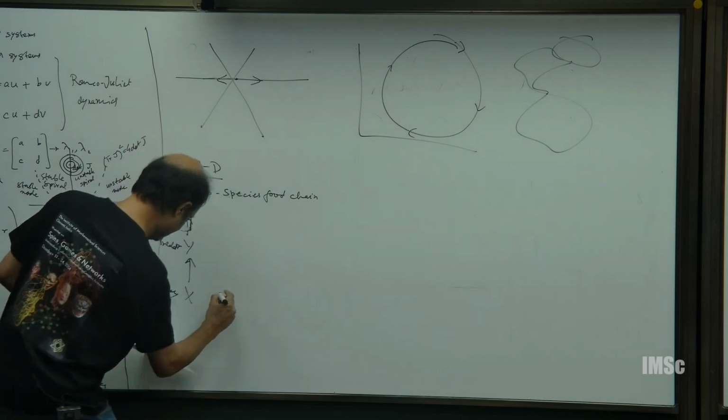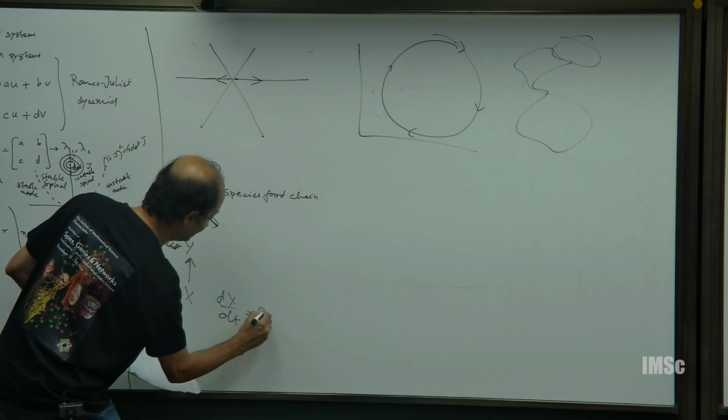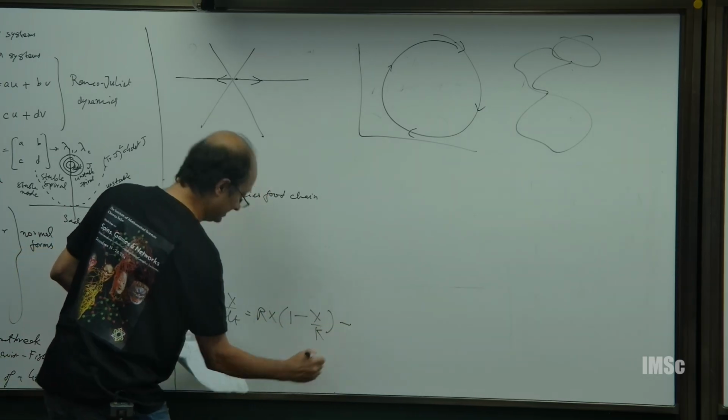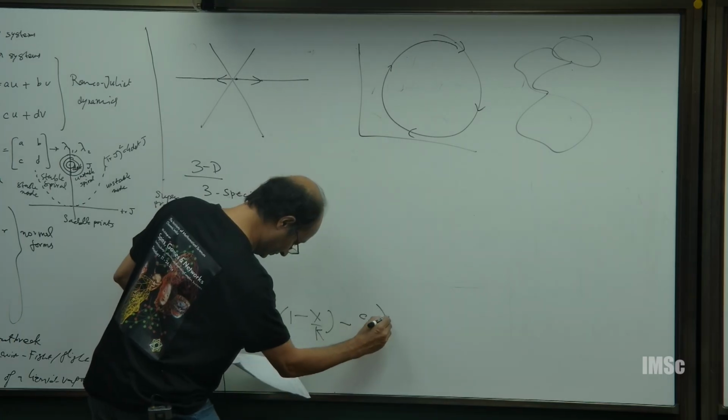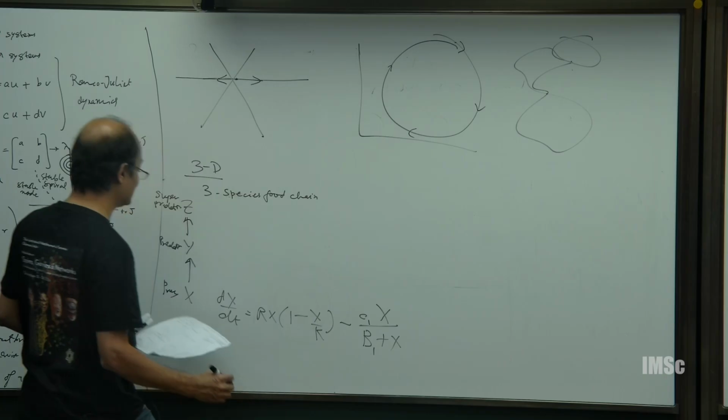My dx/dt would again be r x (1 - x/k) minus, taking a Holling type 2 functional response, c1 x/(b1 + x).